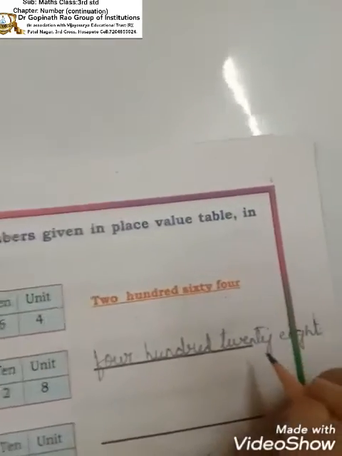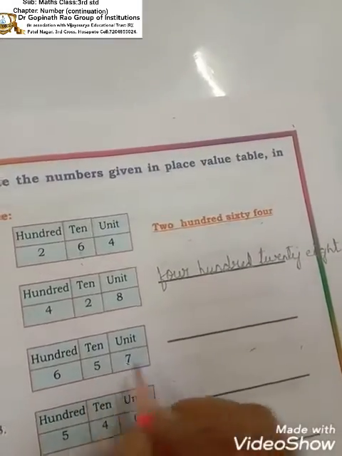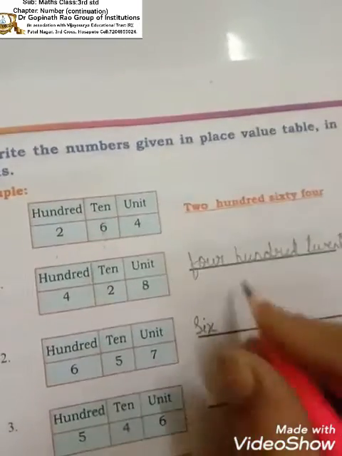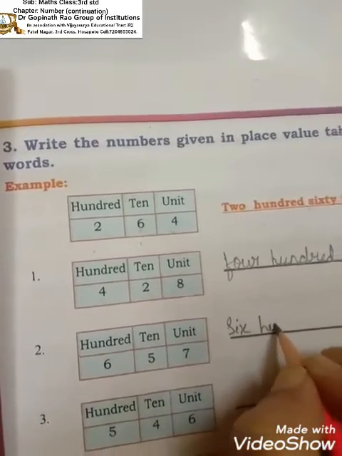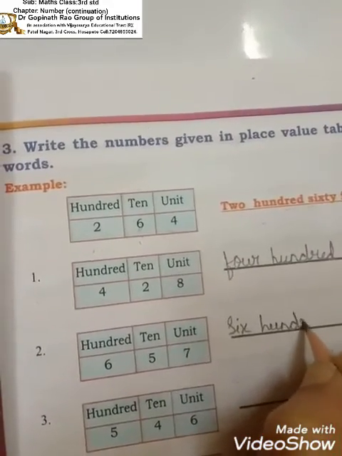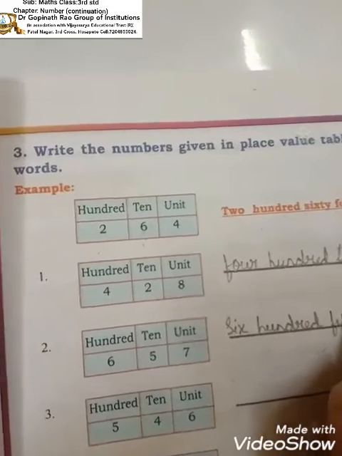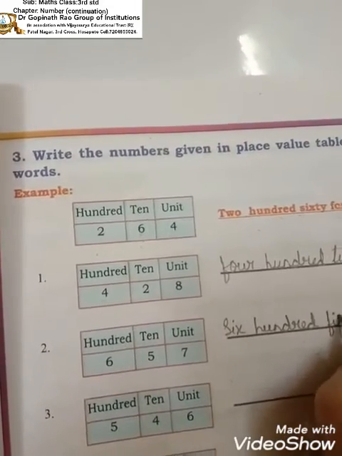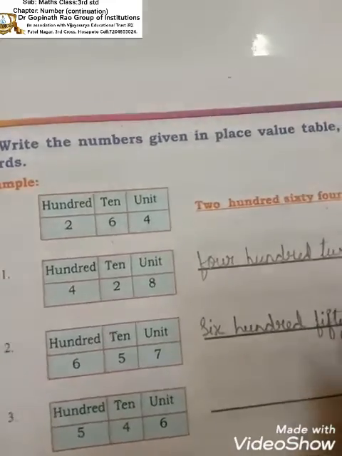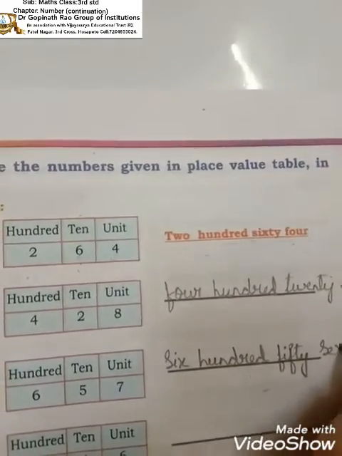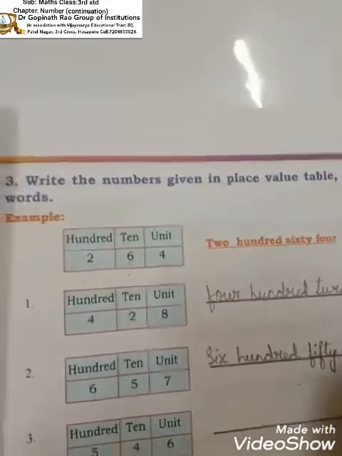So 428. Next one it is 657. So write down here 657, SEVEN 7. Put it first.